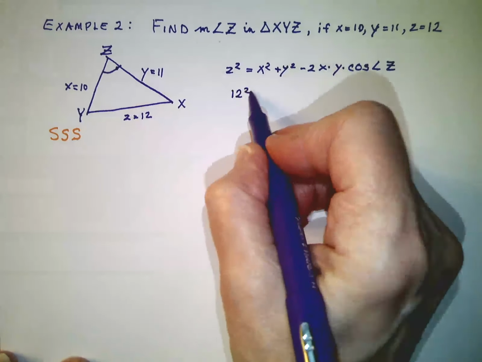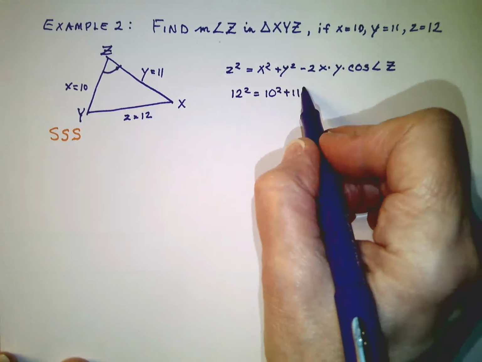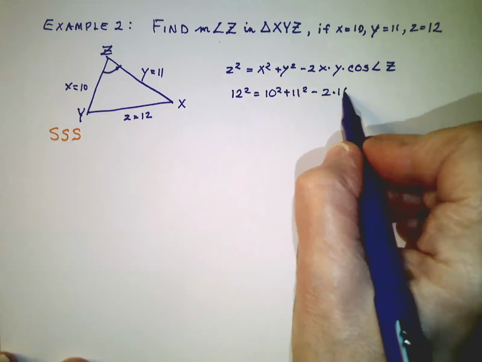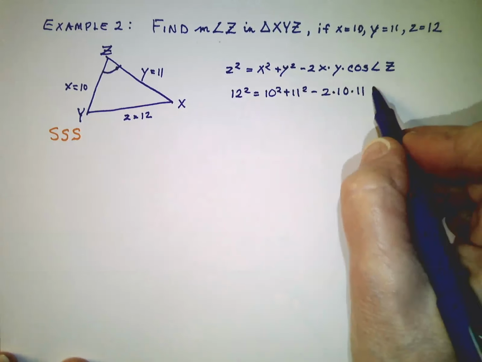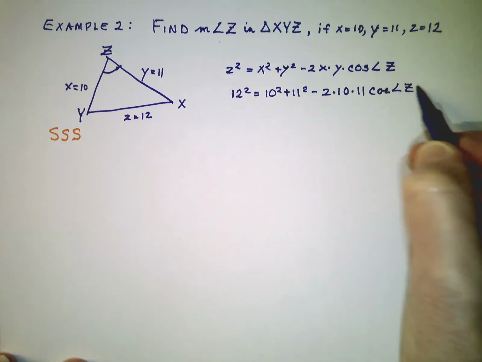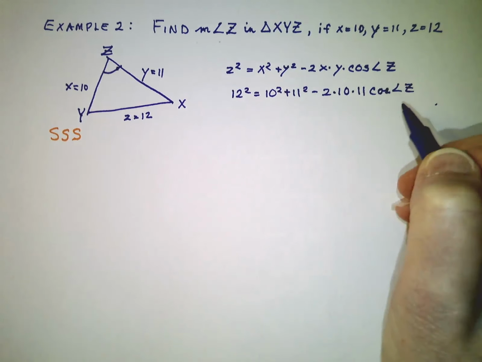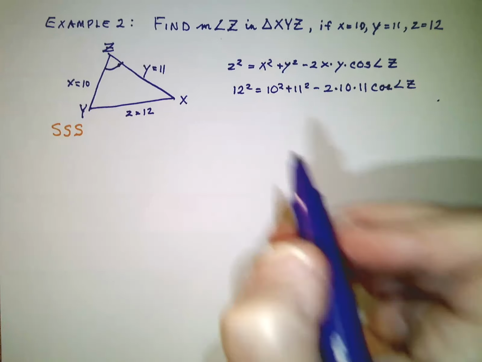So 12 squared is going to equal 10 squared plus 11 squared minus 2 times 10 times 11 times the cosine of angle Z. So there's only one thing missing in the equation. That's who angle Z is.